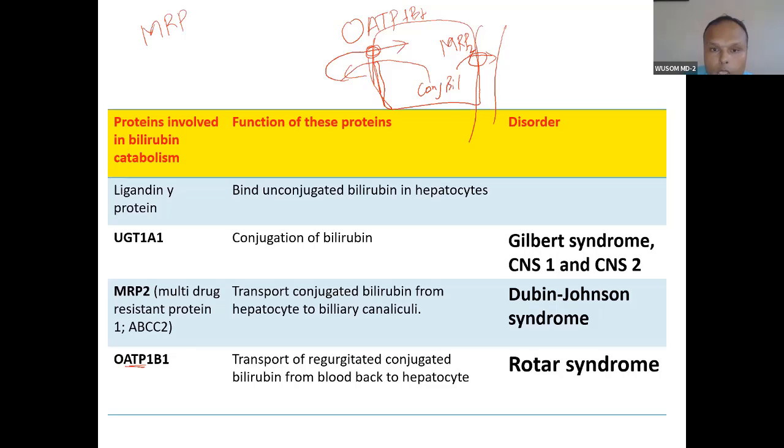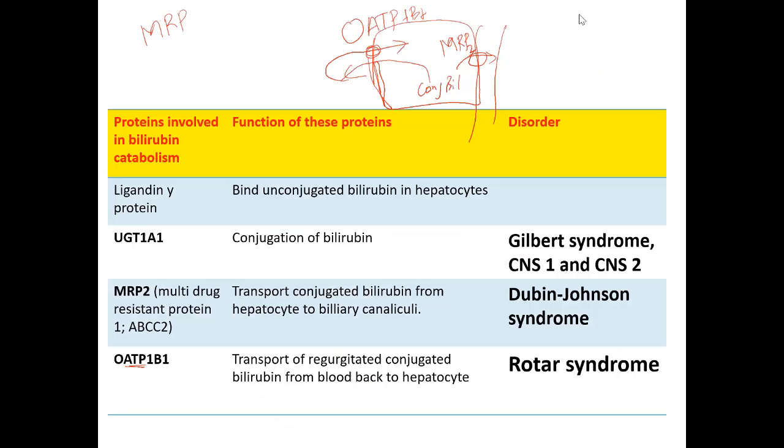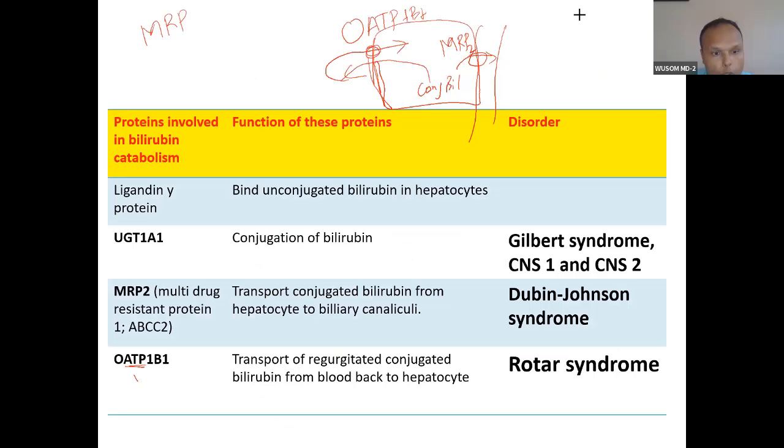So you know conjugated bilirubin is also an organic anion. Isn't it organic anion? Tell me, answer please. Yes, sir. So this transports the regurgitated bilirubin. These are the proteins you can see. Now, if there is a defect in this protein, OATP, this will cause Rotor syndrome.